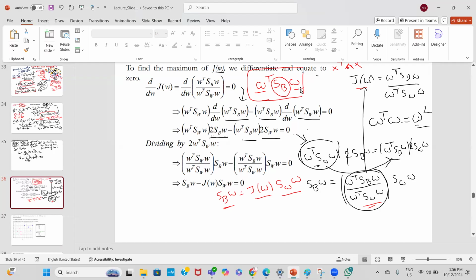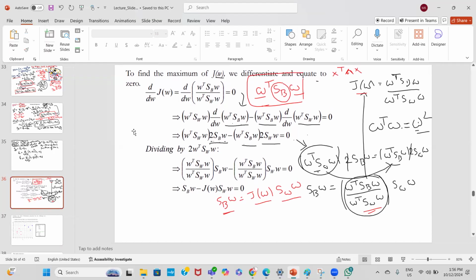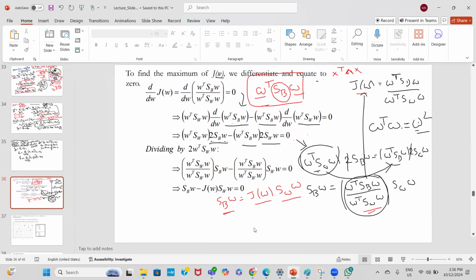This is a scalar value, right? You are saying X transpose A into X is greater than or equal to 0, so you're comparing that with a scalar value. So the right side would also become a scalar value, right? For that to happen, SP has to be a positive semi-definite matrix, right?